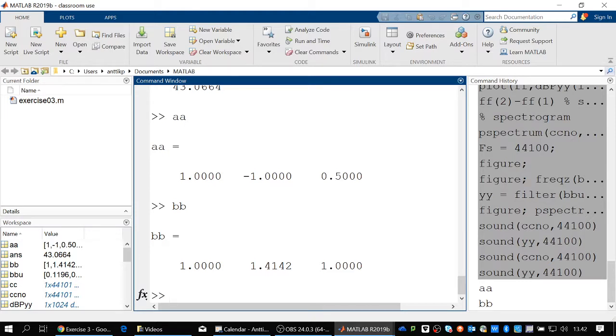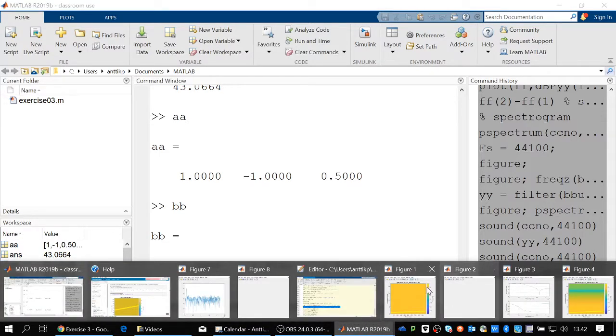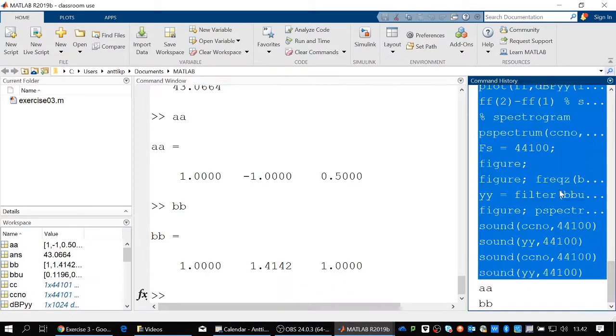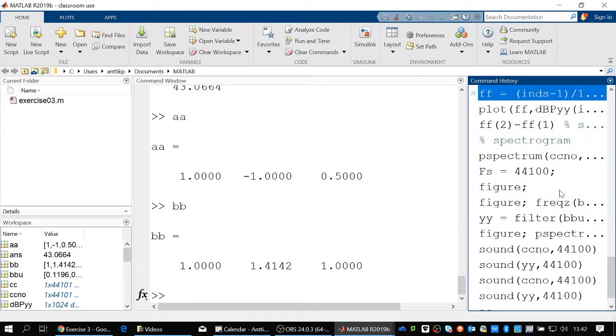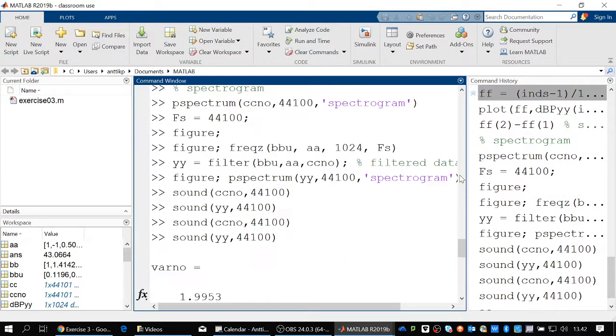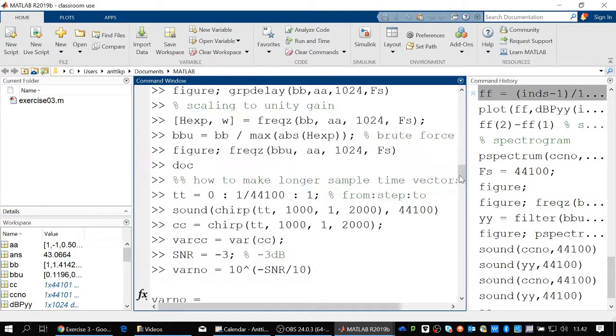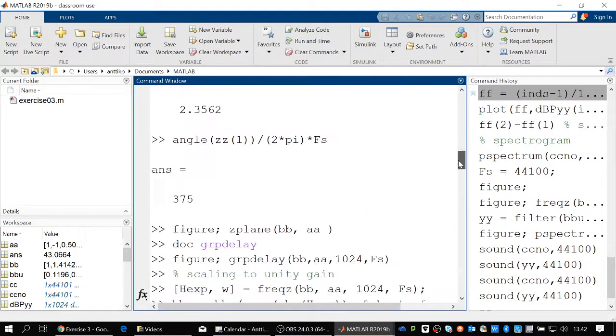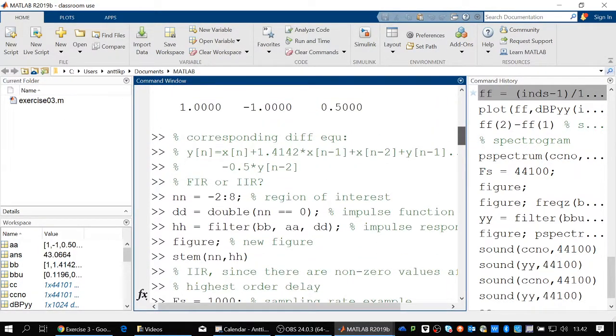Inside of here, what you need is something that corresponds to your difference equation.